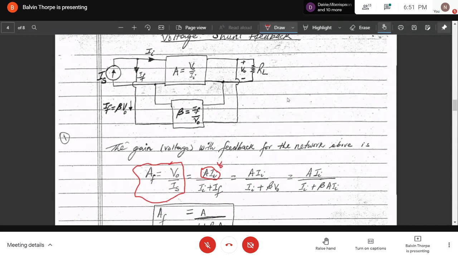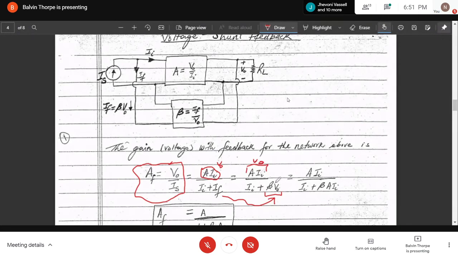That's what IF is, right? The IF is the output of the feedback. Yes, sir. IF, based on this, is going to be beta VO. True?